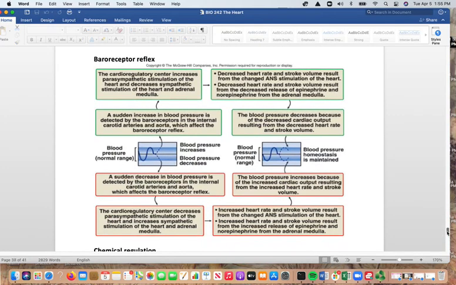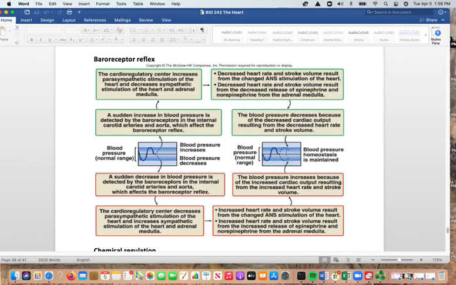So this here looks at the baroreflex. If you start with the cardiovascular center here, when you have an increase in the parasympathetic stimulation and a decrease in sympathetics, you're going to decrease the heart rate and stroke volume. Then you're going to have the blood pressure decrease because you have a decreased cardiac output.